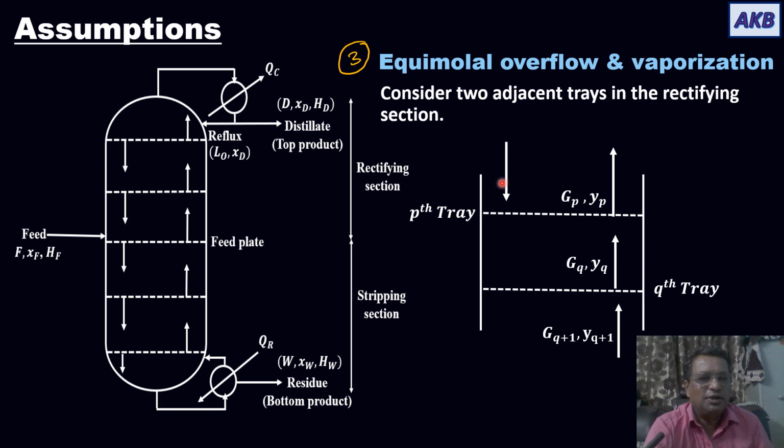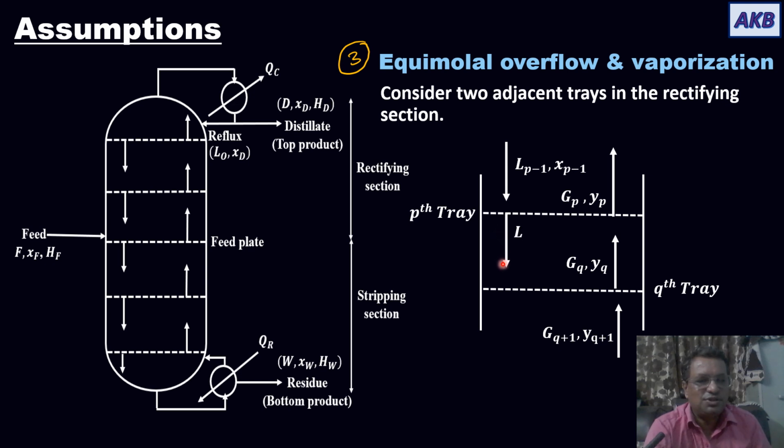Now let us talk about the liquid stream. Liquid stream to the pth tray comes from the tray above the pth tray, so it will be denoted as L P minus 1. The tray before the pth tray is P minus 1, so liquid coming from that tray will have a molar flow rate of L P minus 1, and mole fraction of A in it will be X P minus 1.